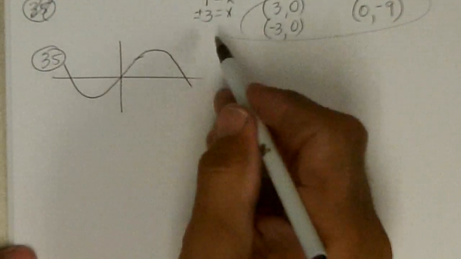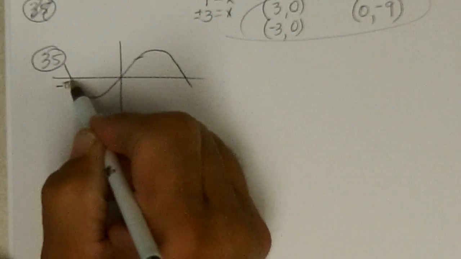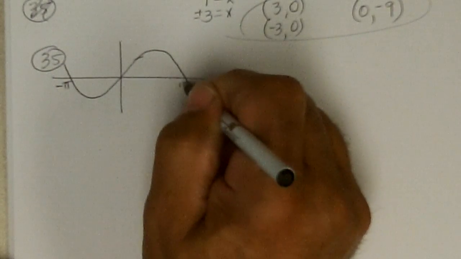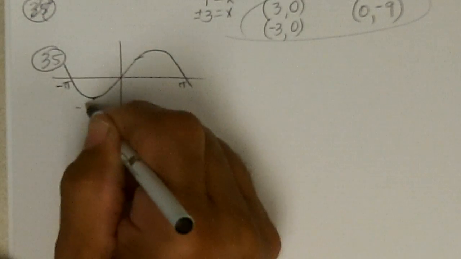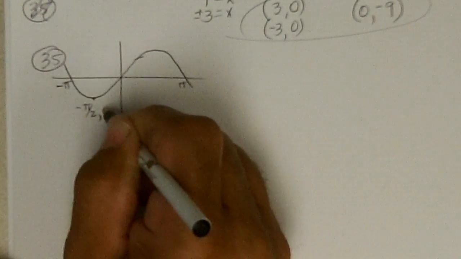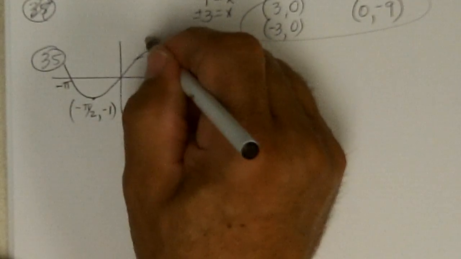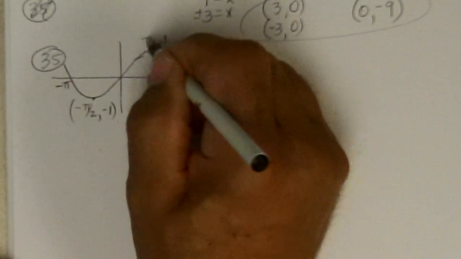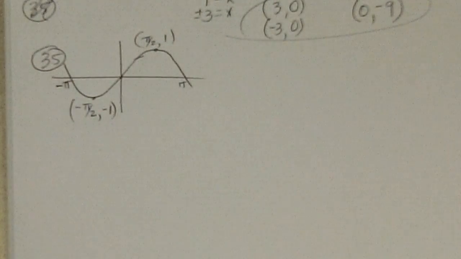And this looks like a sine curve that goes through minus pi. But you may not know that until you take 154. And this goes through minus pi over 2, negative 1, and this goes through pi over 2, plus 1, and let's see.